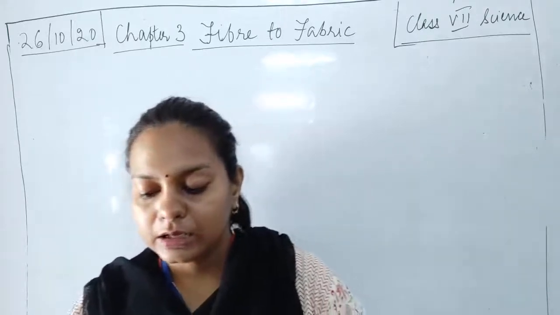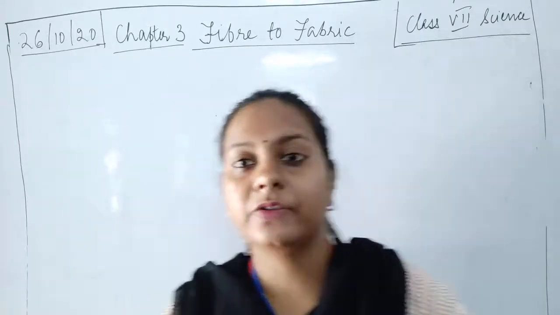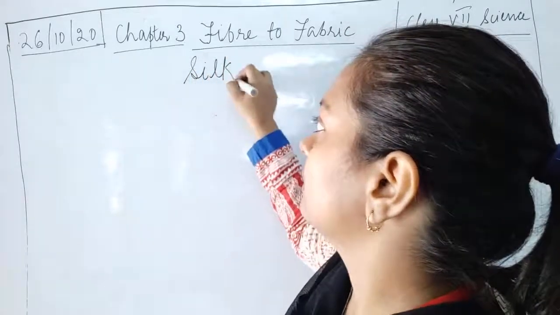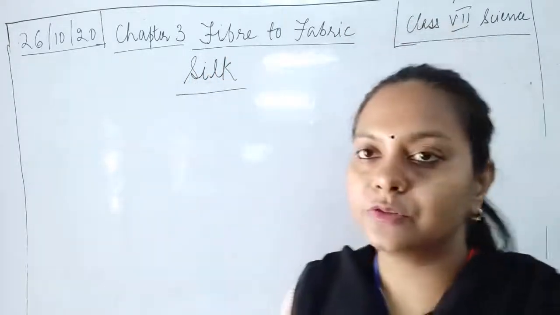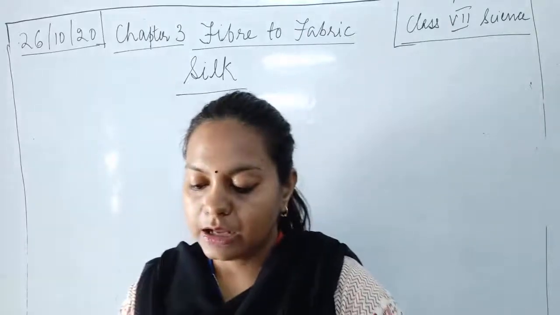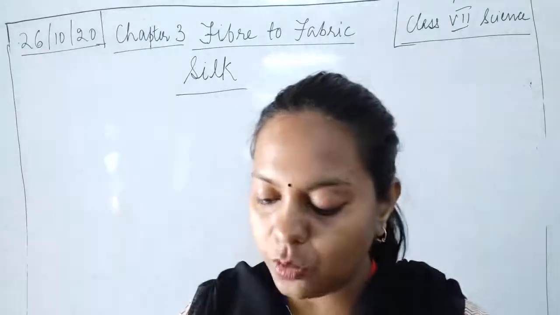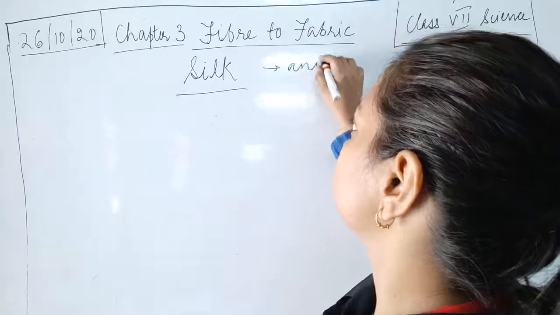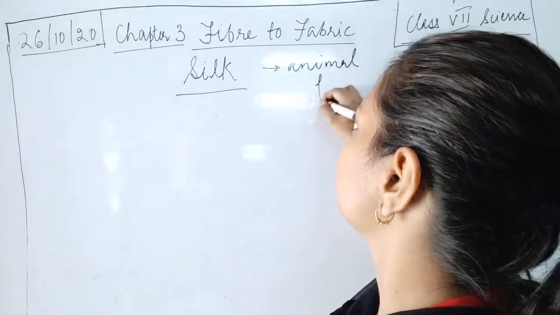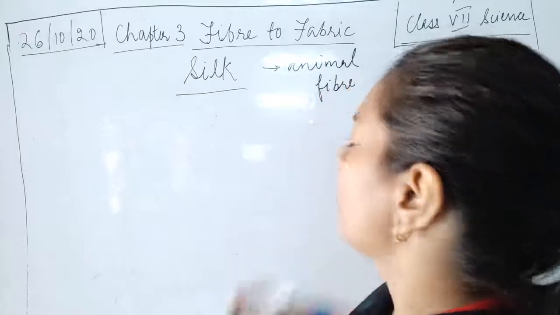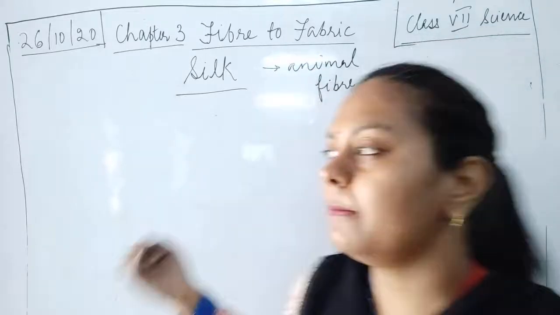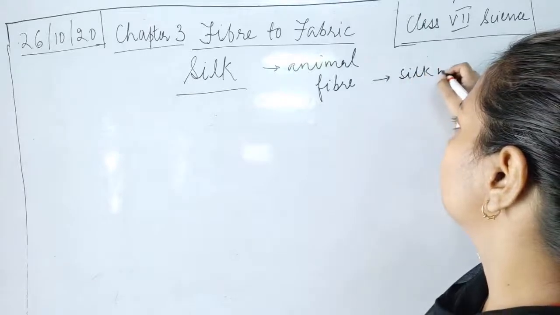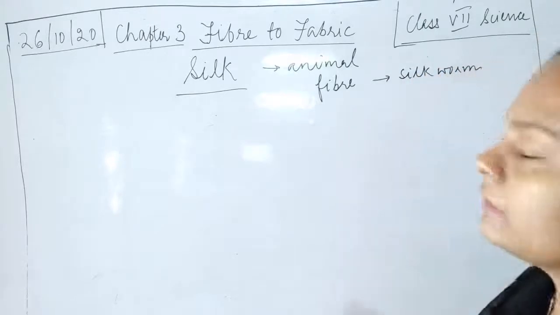Now the next fiber which we will start is silk. So the next fiber which we have to study is silk. Silk fibers are also animal fibers. So again, this is an animal fiber. Why? Because silk is also obtained from the animal called the silkworm, from the cocoon of the silkworm.